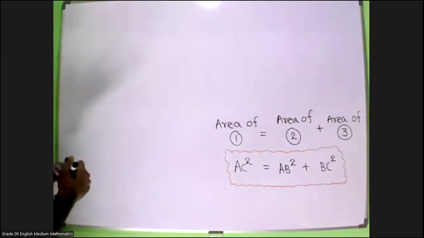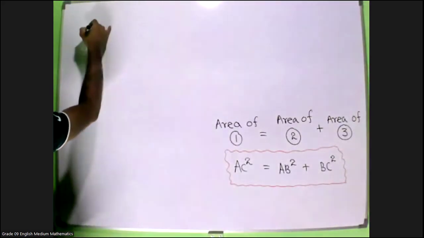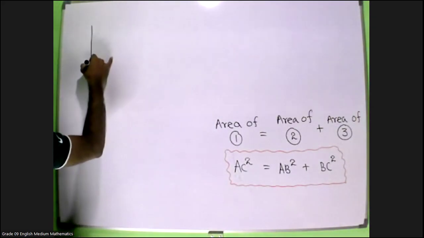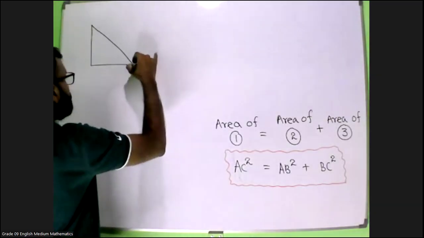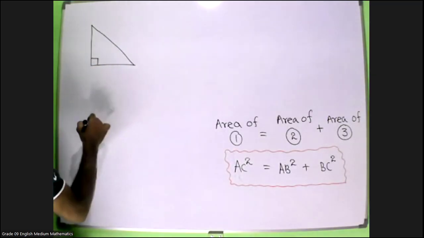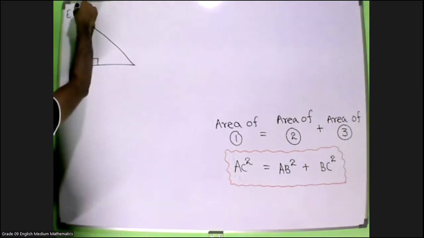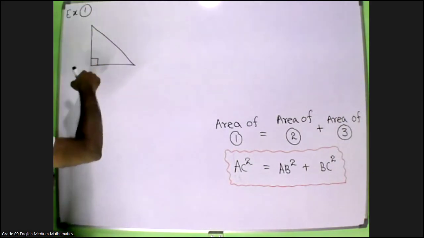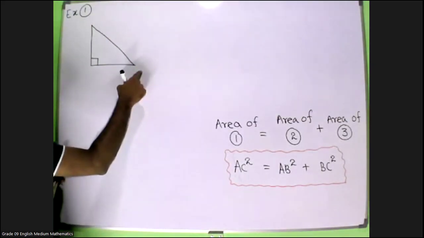First of all, look at the board. This is a right angle triangle. This is our example number 1, and this is our hypotenuse.